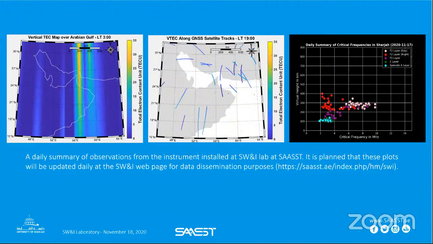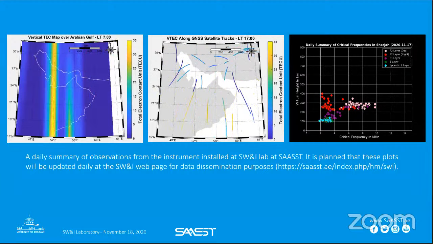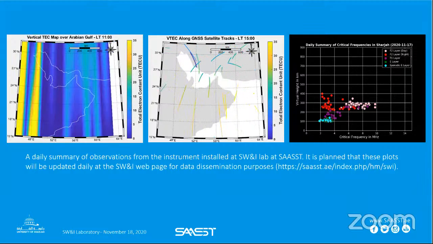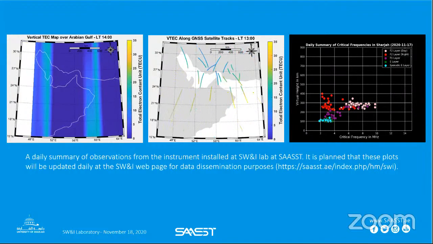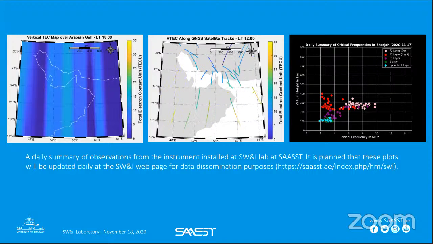Now, whatever I've talked about up till now is about what we have done and what we have reported in different studies. As a next step, we have started disseminating the data from at least two instruments. One is the GNSS receiver.